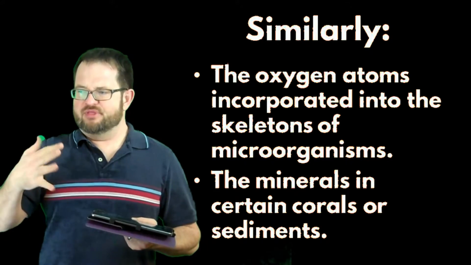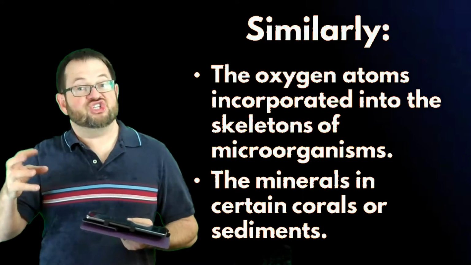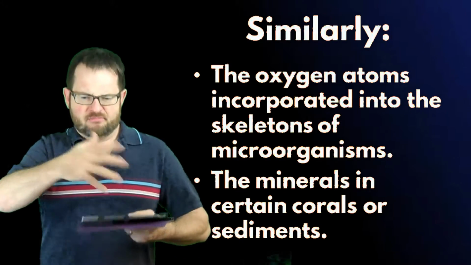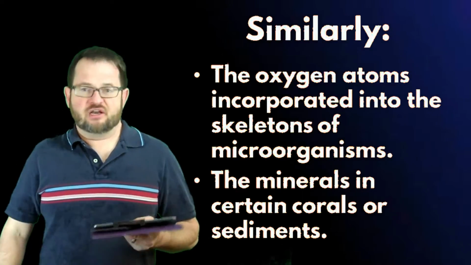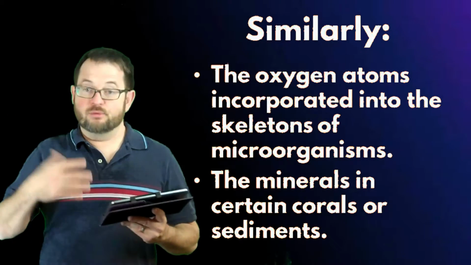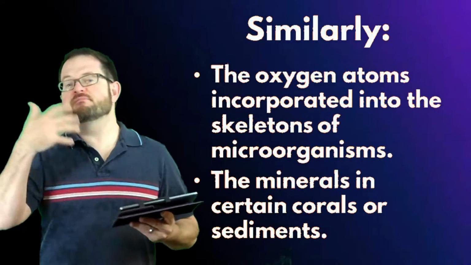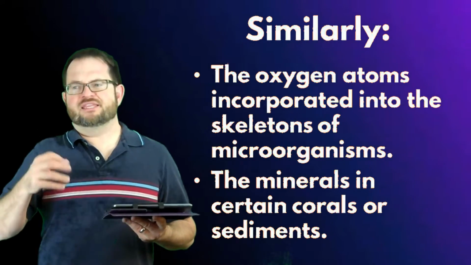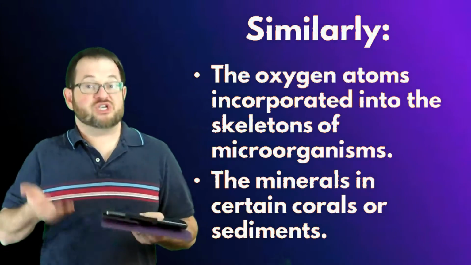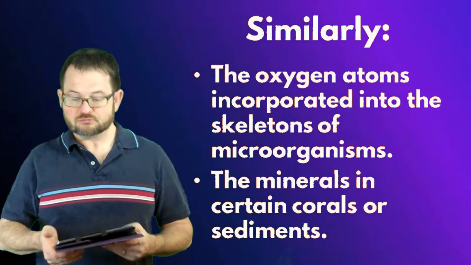Okay, the materials that the little creature used to make its shell, they uptake things like water molecules into the minerals that they make their shells out of, and we could use the oxygen ratios, the different isotopes, to determine the temperatures of the water that creature was in. Certain other minerals work the same sort of way, like the minerals that are in coral and so on. They'll have different ratios of different isotopes depending on things like what the temperature was.